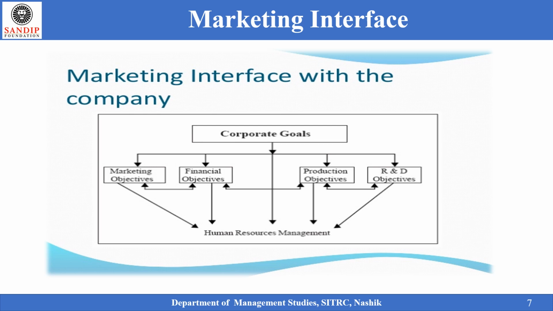So the marketing objective, the financial objective, the production objectives, and R&D objectives all culminate together, and we have to have an interaction with all these departments, and the interface needs to be done. So marketing, being the revenue generator, would set in line all the objectives for the other departments.